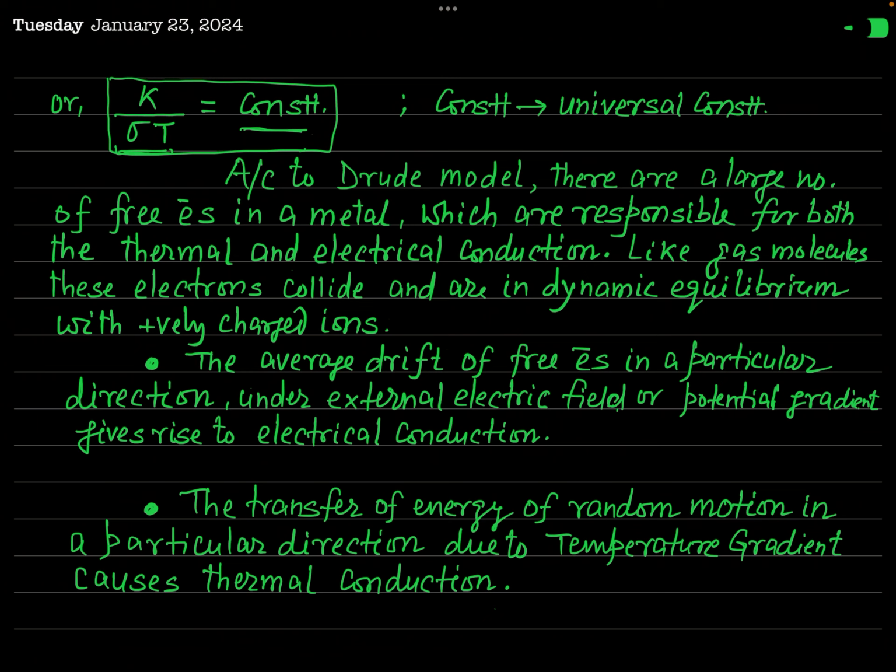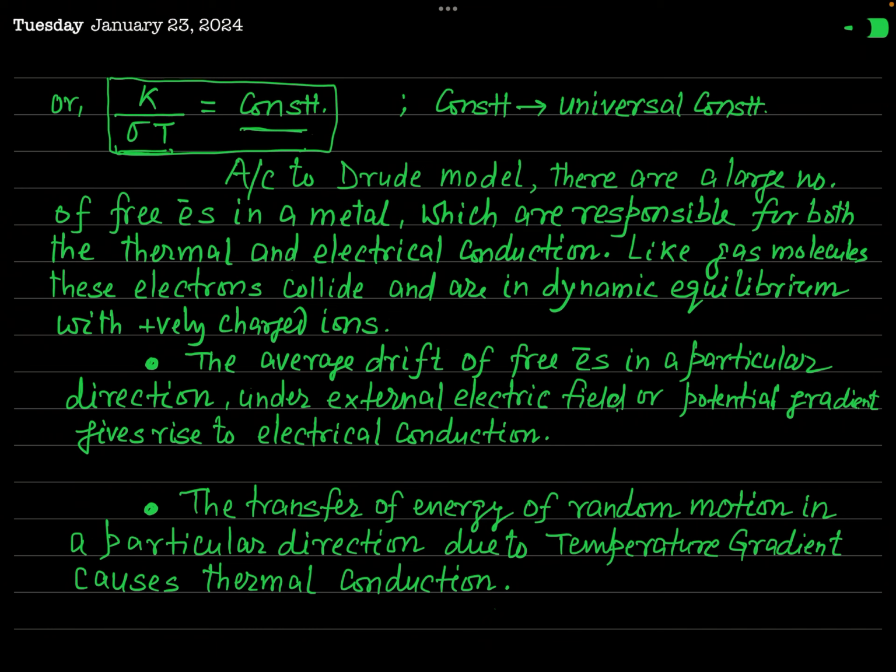According to the Drude model, every metal has free electrons, a large number of free electrons. And when you say free electrons, we have already learned these are actually the valence electrons which move inside the metal under a constant potential with a large speed randomly.